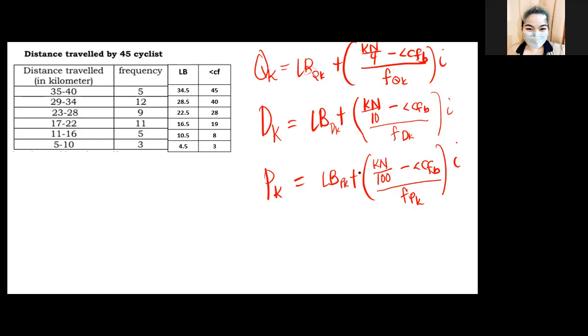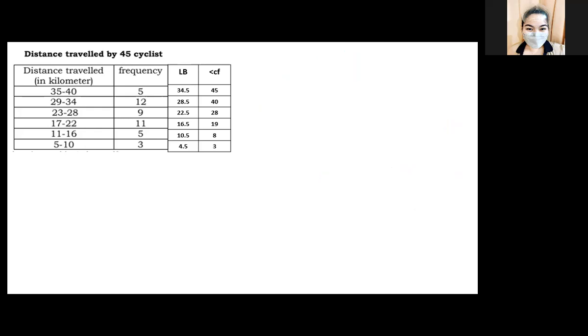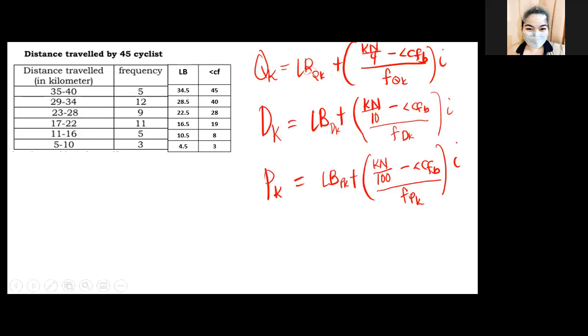So let us try finding D sub k. Hanap tayo ng D sub k. Pero wait lang, tingnan ko muna yung GC natin.